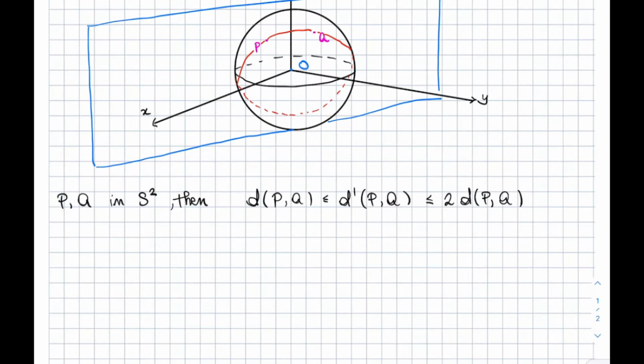Proving two such inequalities will tell us that we can use either distance and we can obtain a bound on the other distance between the 2 points.